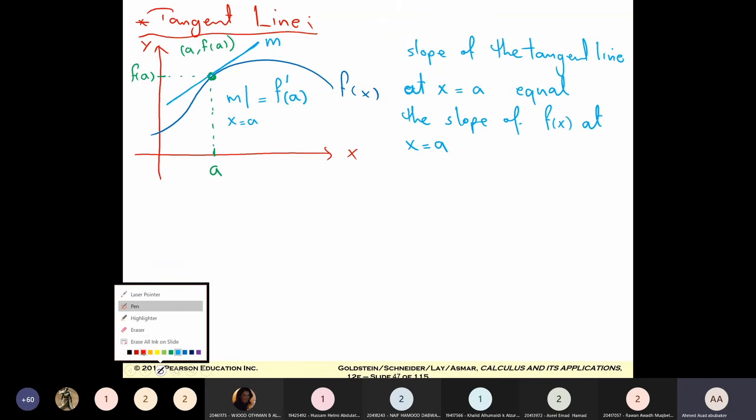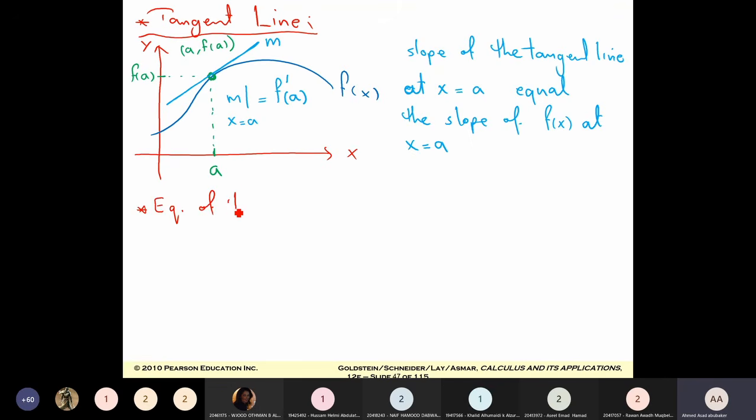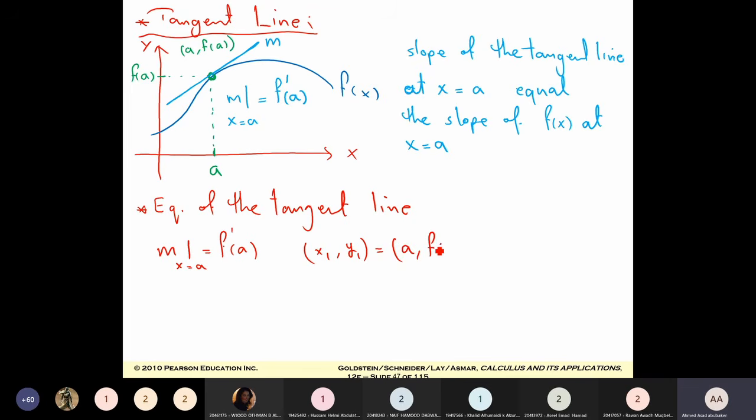Also, we can find the equation of the tangent line. Okay, if we have the slope at x equal a, this equals f prime of a, and we have x1 and y1, which means a and f of a.